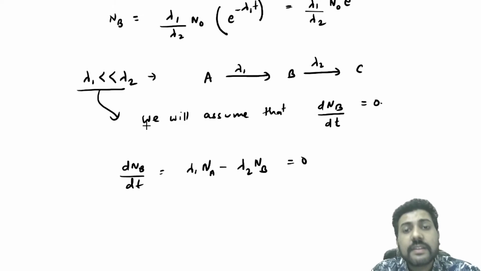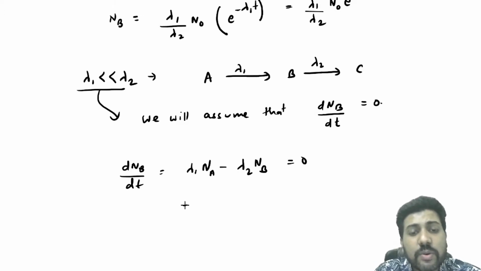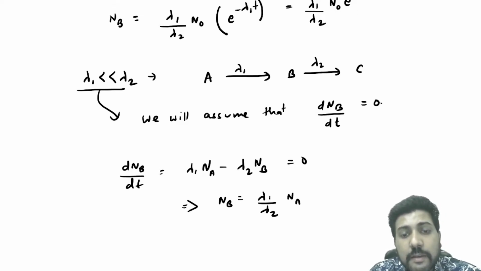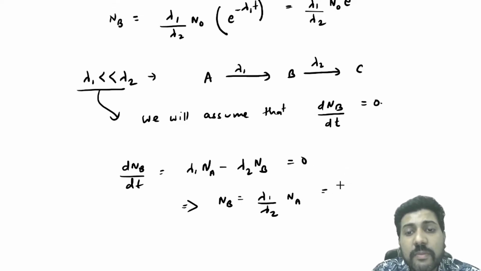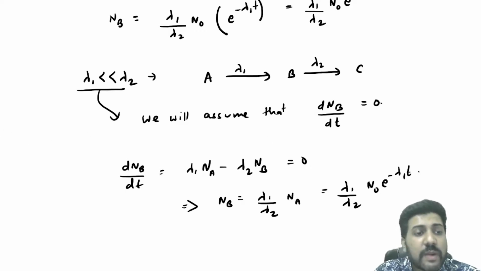That means the rate of change of B has to be 0. So lambda 1 Na minus lambda 2 Nb will be equated to 0. In that case, you will say that Nb is equal to lambda 1 by lambda 2 into Na. But we know that Na is n naught e power minus lambda 1 t. So Nb is lambda 1 by lambda 2 n naught e power minus lambda 1 t. This is what we got.